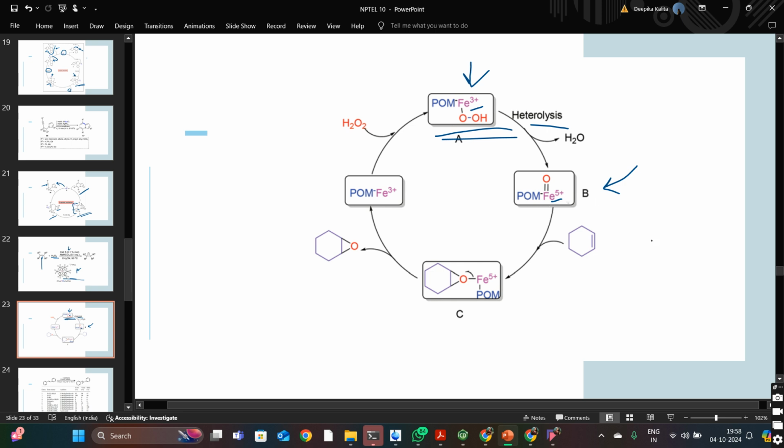Now this iron catalyst generated in situ is going to react with our alkene. Okay, and if you want to visualize the mechanism, you can visualize it in this way.